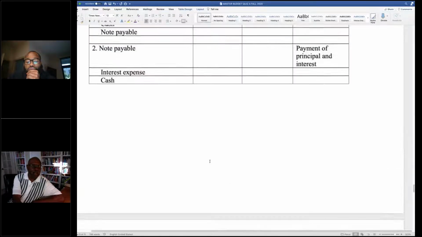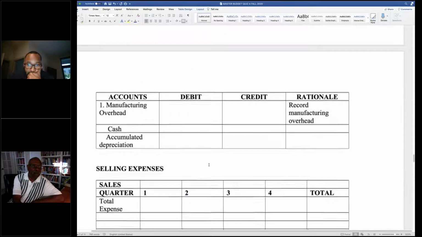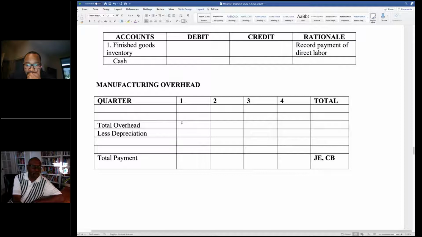All right, so we're ready for manufacturing overhead. What is the total manufacturing overhead? I think it's 100,000. I will put the 100,000 there.